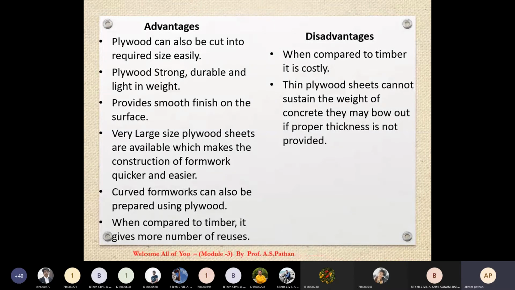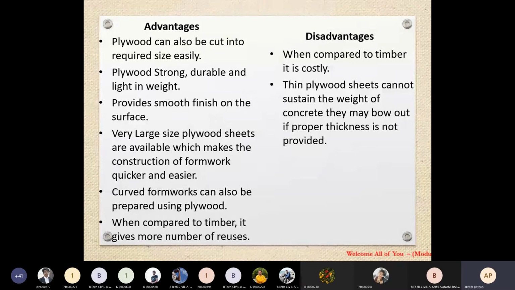It can sustain the load coming from the concrete and provides a smooth finish on the surface. Large-size plywood sheets are available, which makes the construction of formwork quicker and easier.